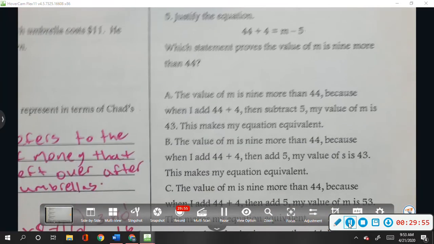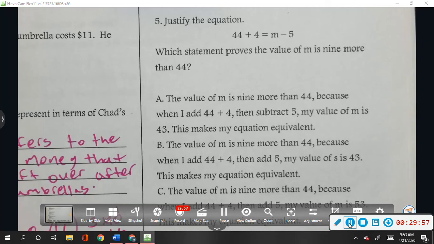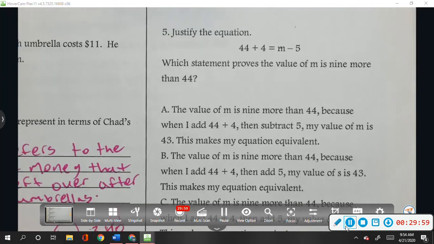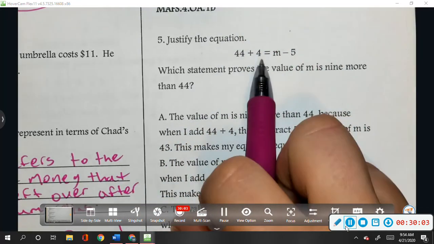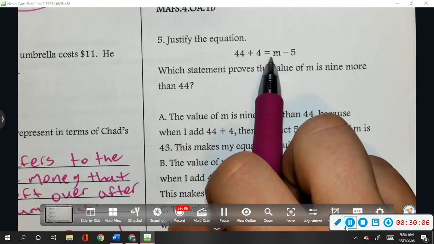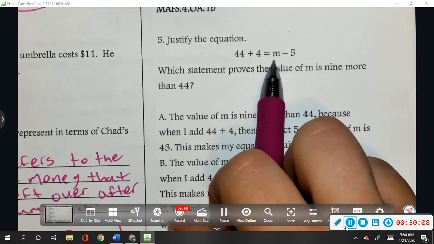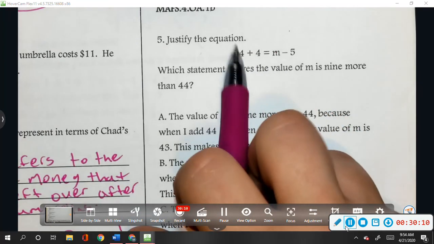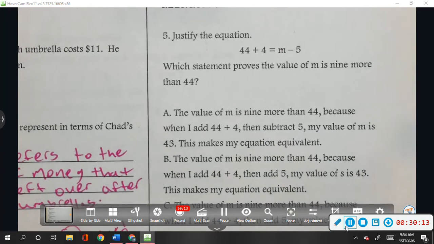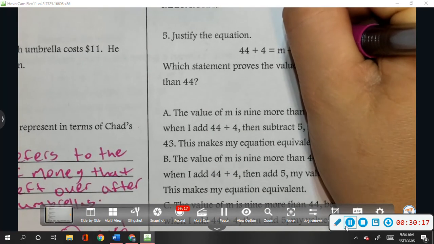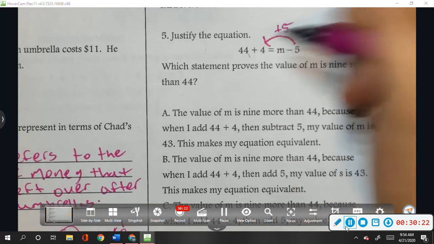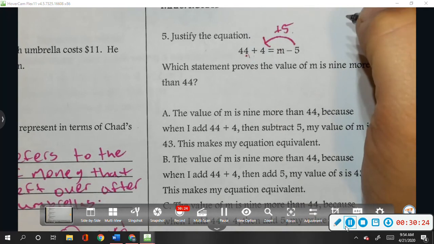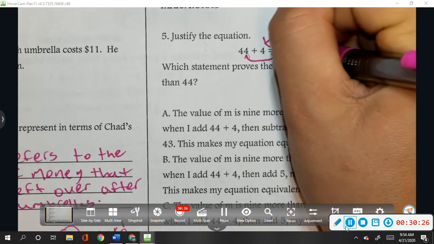Alright. Number 5. Alright, so we are justifying the equation. And all that means is that we are going to say what value m is in comparison to the other side of the equation. So if we were going to try and make this equation true, normally we would go through and we would add 5 and then we would take 5.